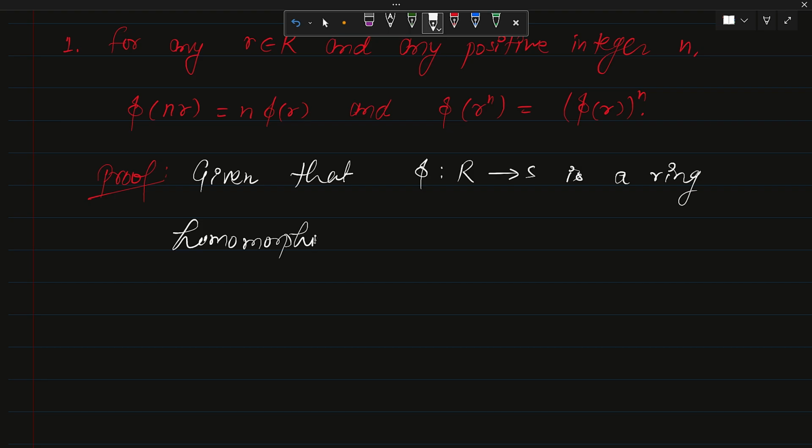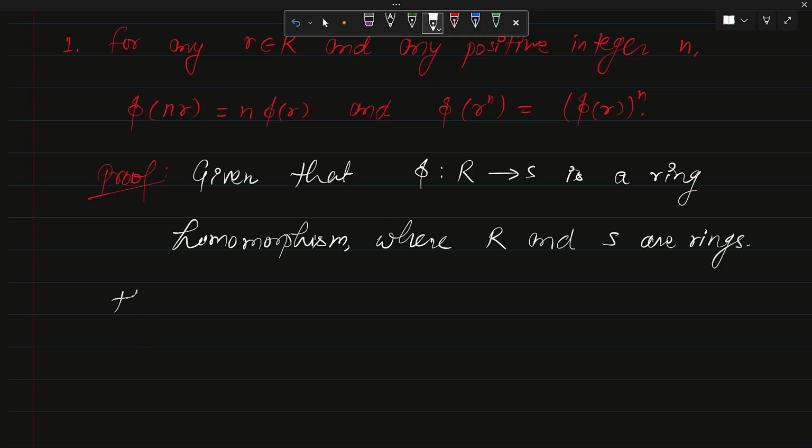We are given with this, where R and S are rings, right? ये हमें given है.